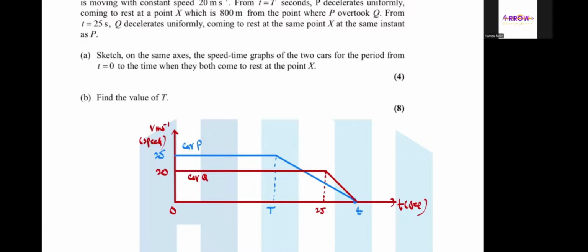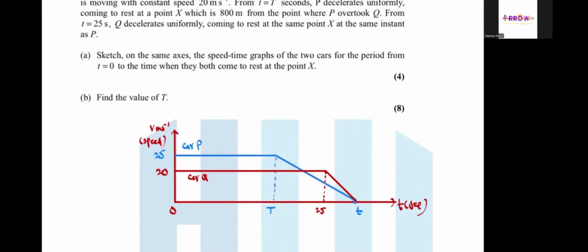So when car P is moving with a constant speed of 25, at a time t equals capital T seconds, it starts to reduce its speed and eventually meets the speed of car Q, and then it comes to rest.